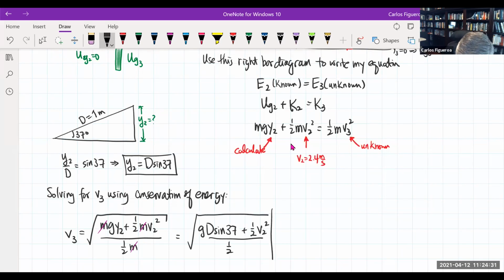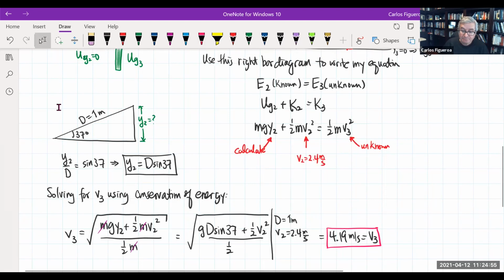And then I know that d is 1 meter. I know that v2 is 2.4 meters per second. And if I punch that into my calculator, I get a value of 4.19 meters per second for v3. That's conservation of energy.